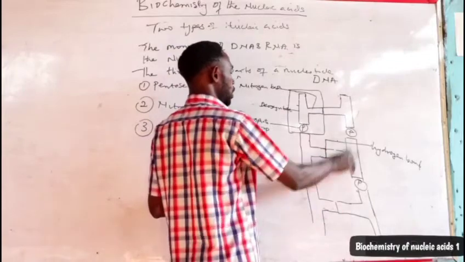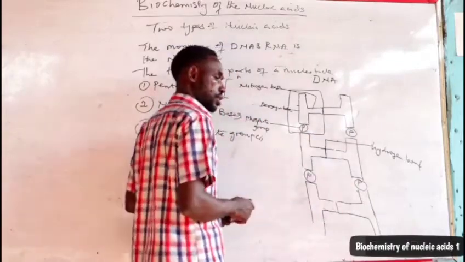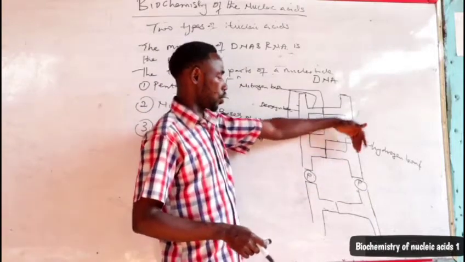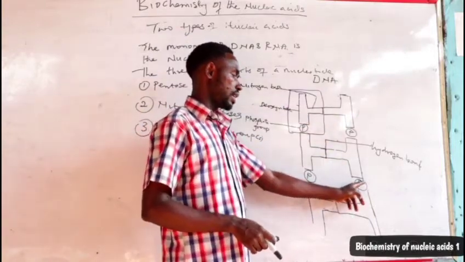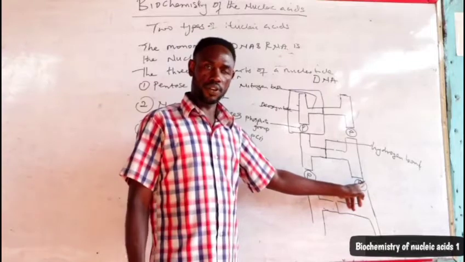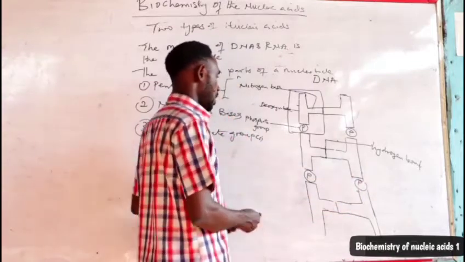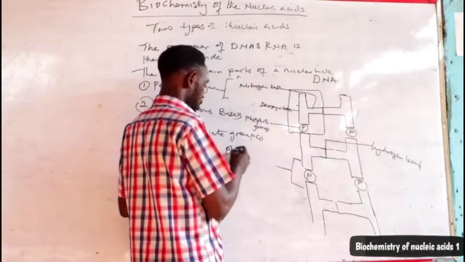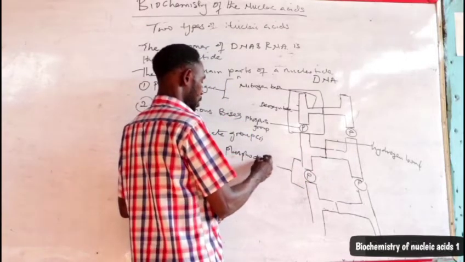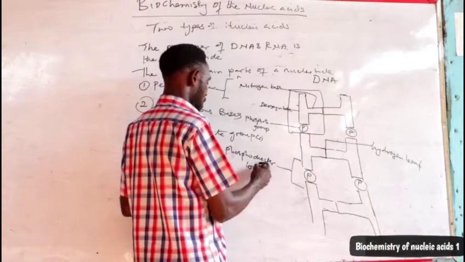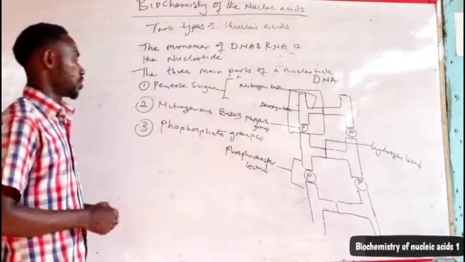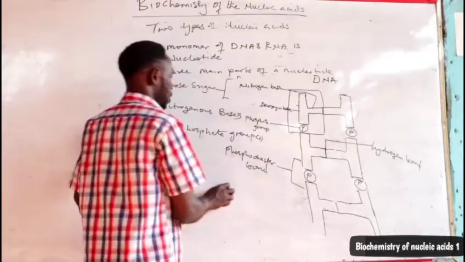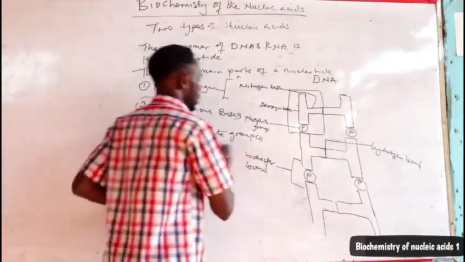So the bond between a phosphate group and a pentose sugar in the phosphate sugar backbone of nucleic acid is the phosphodiester bond. Okay, this is just a brief explanation. We will take each unit and discuss it in detail.